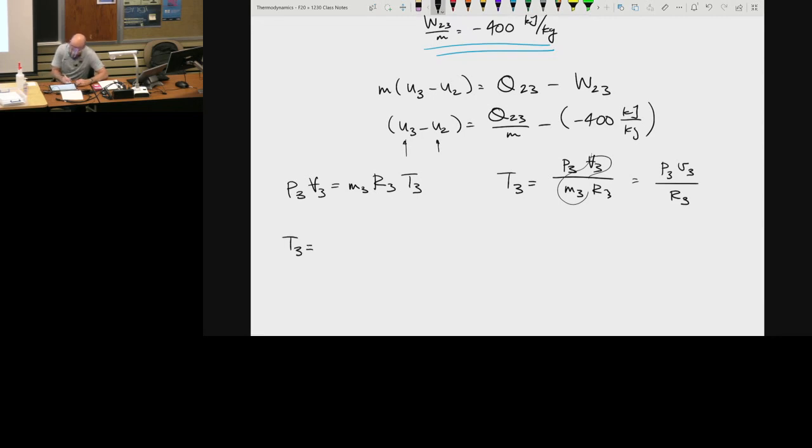So T3 is going to be equal to the pressure at 3, which is equal to 100 kilonewtons per meter squared, or 1 bar. And our specific volume at 3 is going to be equal to 1 meter cubed per kilogram.